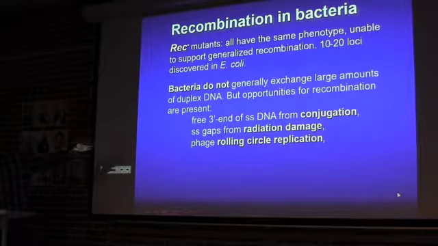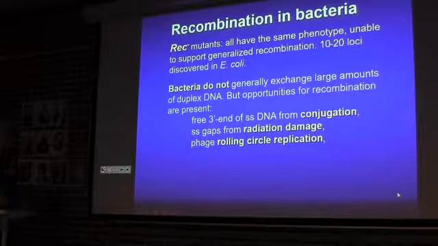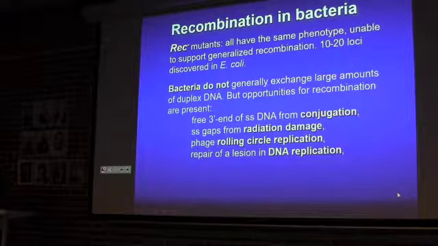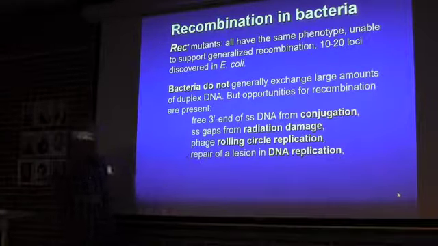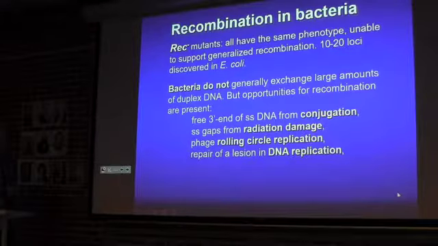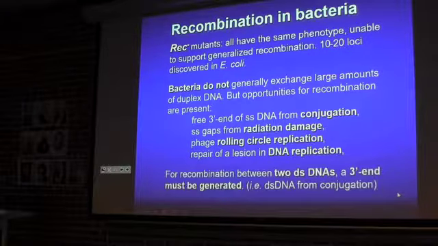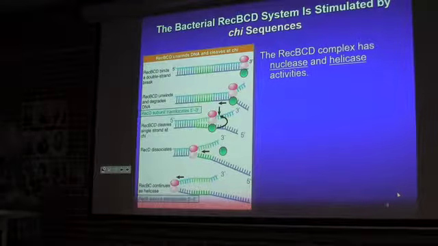Phage, another infection, not something E. coli wants to have anything to do with. Repair of a lesion is something it does need to do, and so that's a legitimate use of recombination in E. coli. And for any two double-stranded DNAs to recombine, you have to have a 3' end generated. That's the minimum requirement. The 3' end, of course, involves DNA replication.